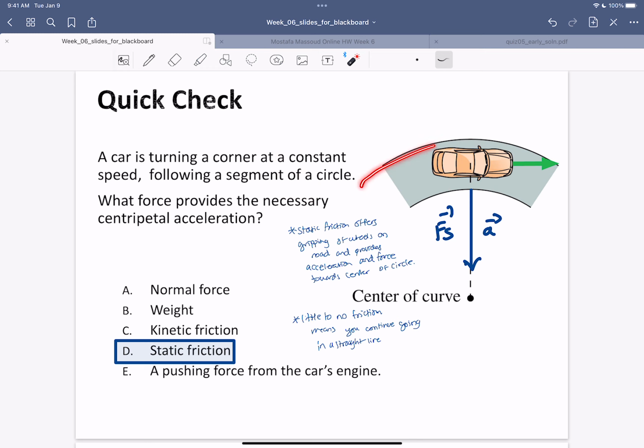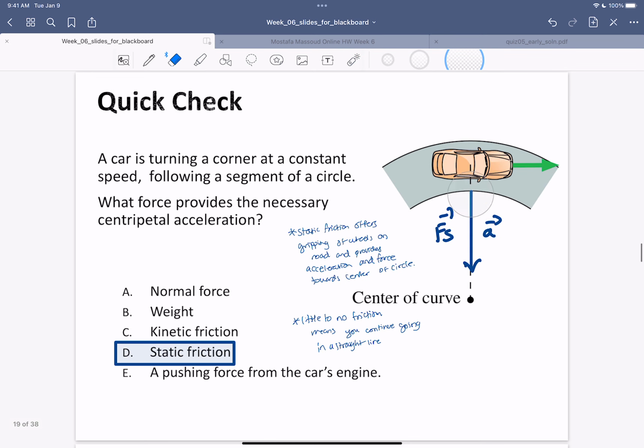So this is if you were looking behind the car. Based on the drawing that we have here, since this is our circle, centripetal acceleration is pointed towards the middle of the circle, so it would be directly downwards, like this, towards the center of the curve. And what force provides the necessary centripetal acceleration? Well, that's static friction force.